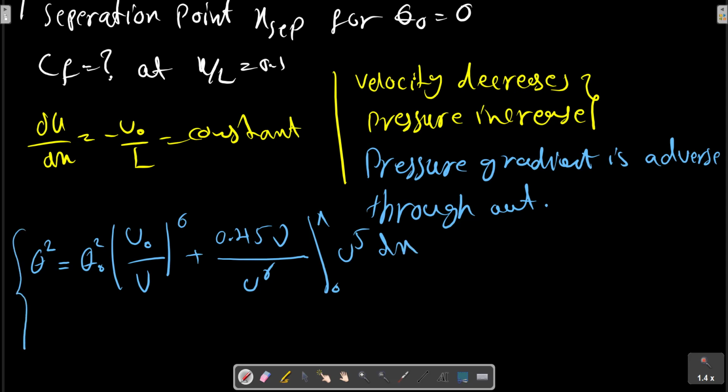We have the relation for U, which is U0 (1 - x/L).